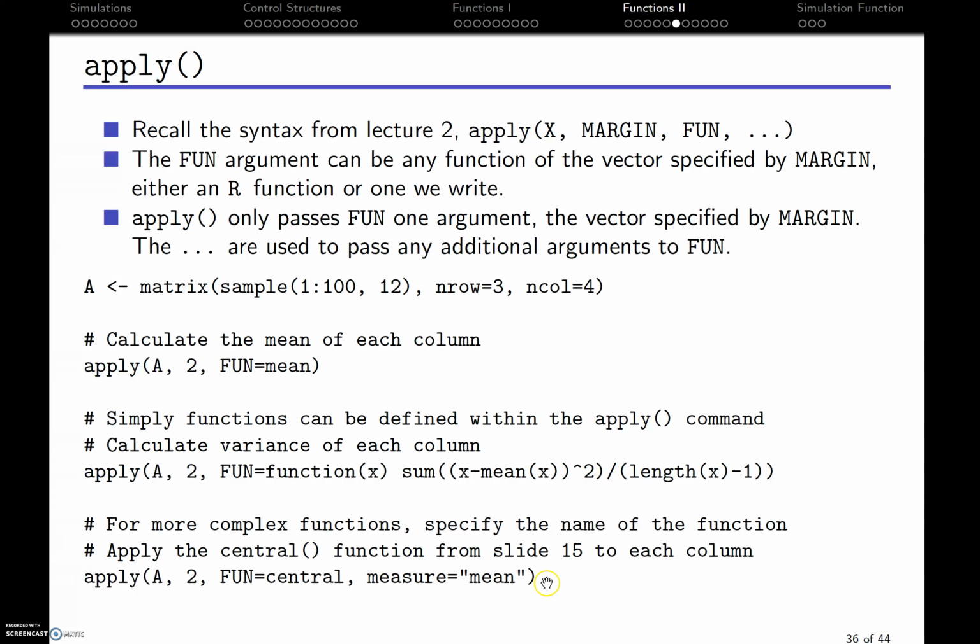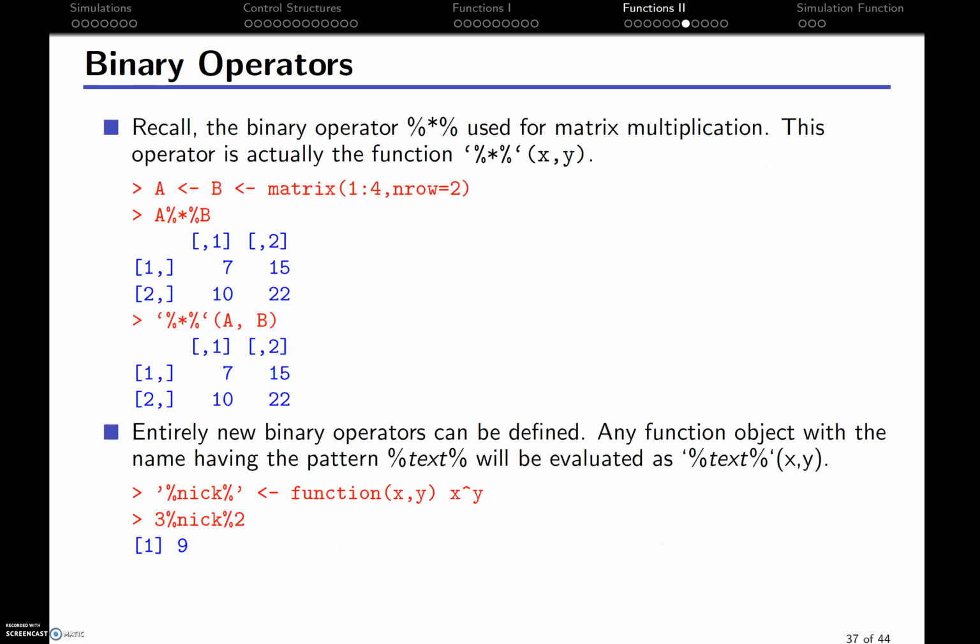Notice that this is an argument of our function central, so it belongs following the function call. If you try to put measure ahead of time, it will work if you name it. If you do not label it with measure, I doubt it would work. I just always leave them for the end. Keep it simple, and you know it'll always work.